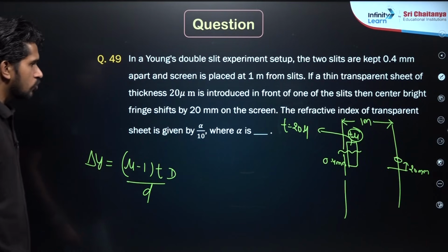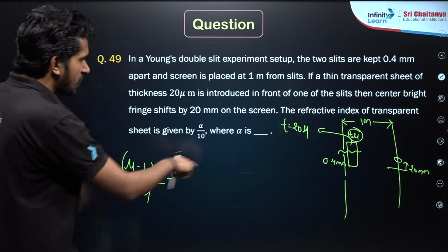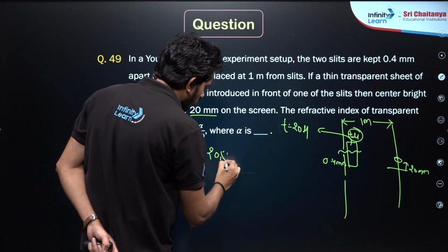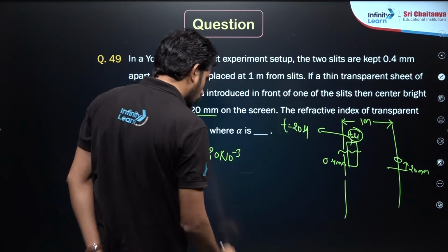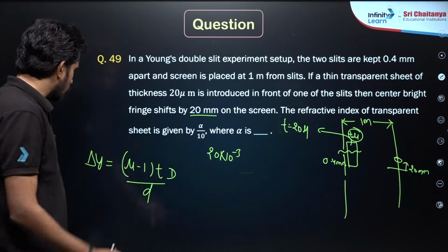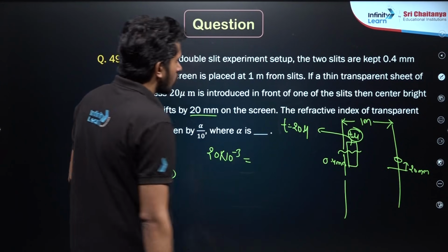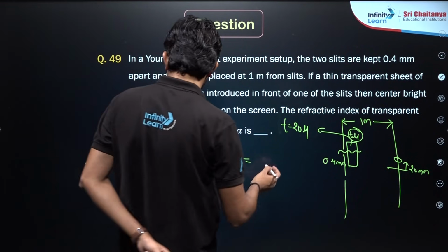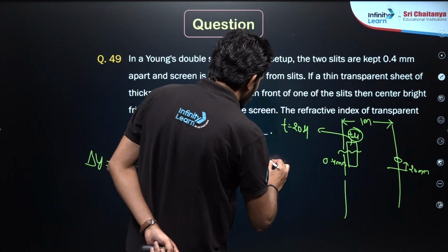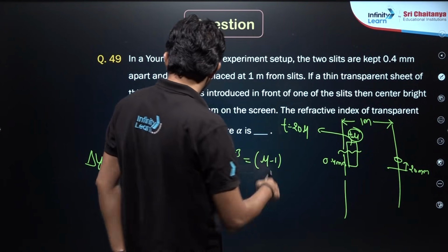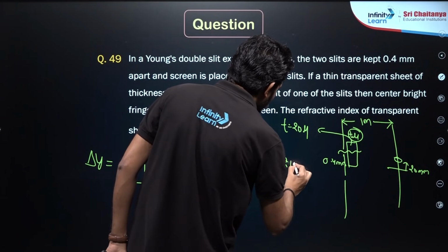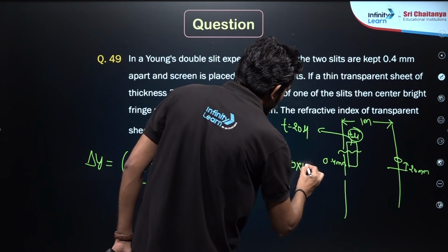Okay, so this is given, delta Y is 20 mm, 20 into 10 raised to minus 3. So what do we need? The refractive index, mu minus 1. T is how much? 20 micron, 20 into 10 raised to minus 6.